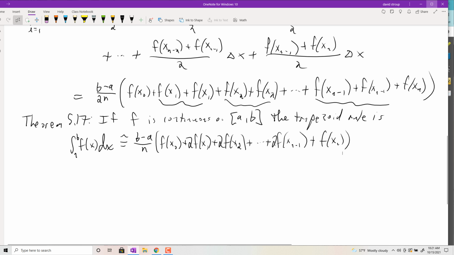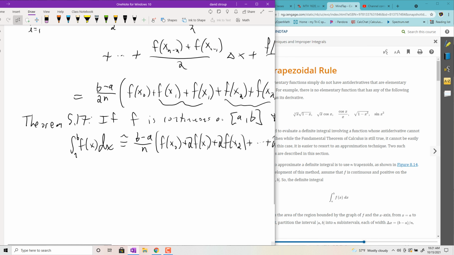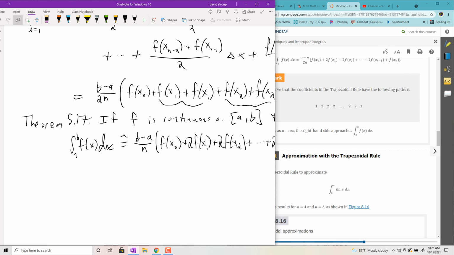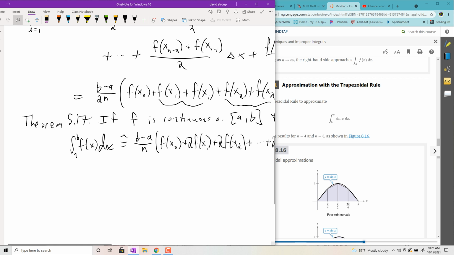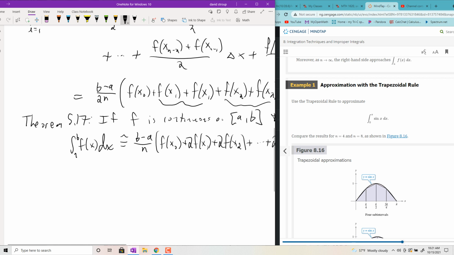Okay, great. So let's look at actually applying this to finding some area like they do in the book. Let's see if they have one for us. This is one we can do by hand, and because we can do it by hand, we can compare and contrast the answers. So example 1, we have the integral from 0 to pi of sine of x dx.